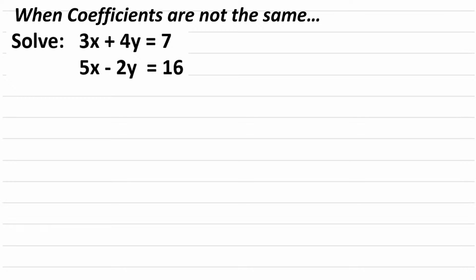Right, so I'm going to try the similar example, but this time they have different signs. Okay, so I'm going to say this is equation 1 and this is equation 2. Now I can see I can't change the x's easily, but I can change the y easily. If I do equation 2 times 2, then this would be minus 4y.